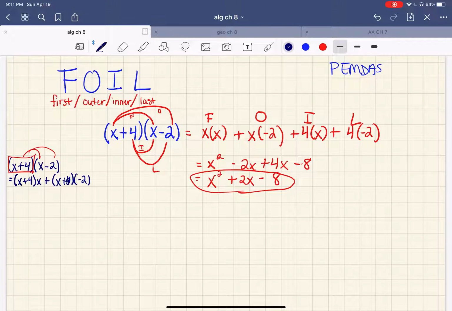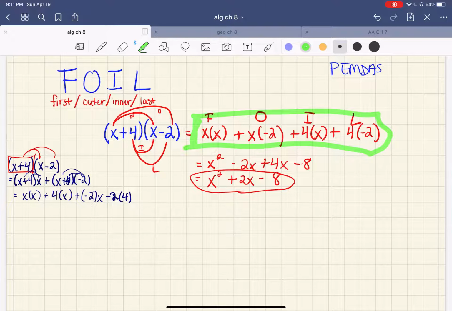Okay, now I do my distributive property, and I get x times x plus 4 times x plus negative 2 times x minus, well, this is negative 2 times 4. Does that look familiar?